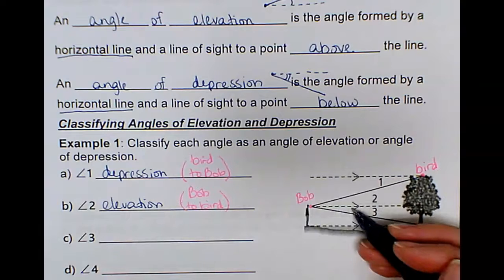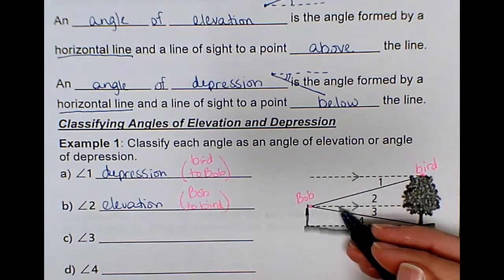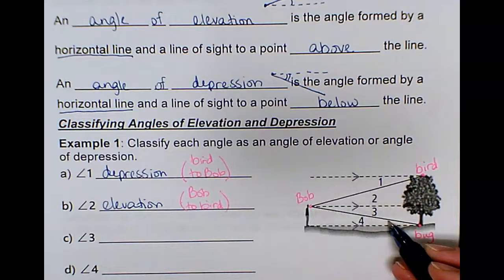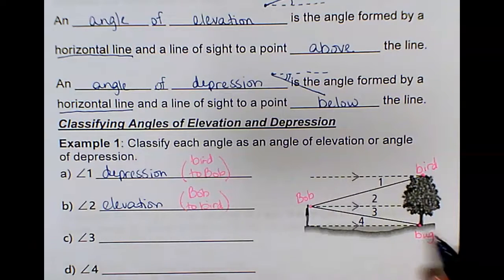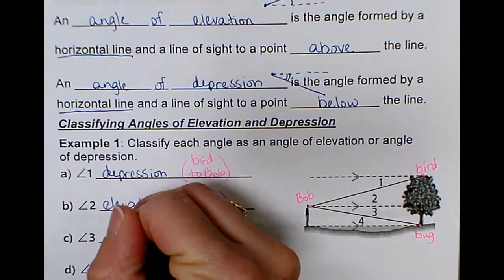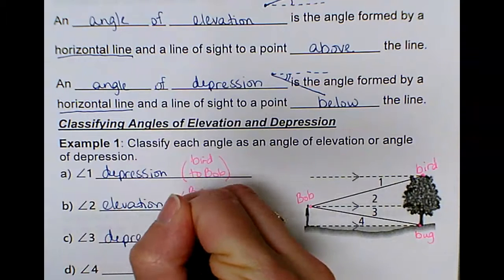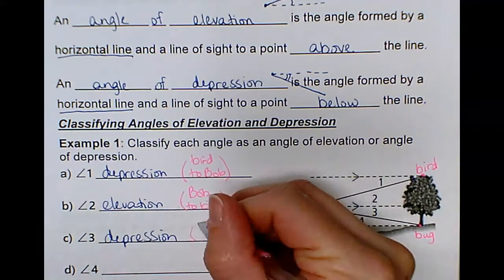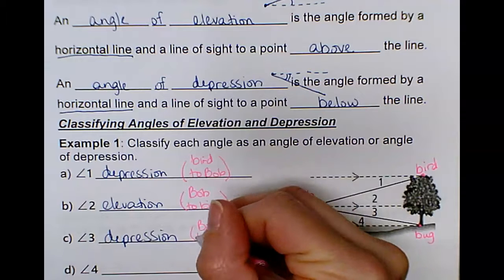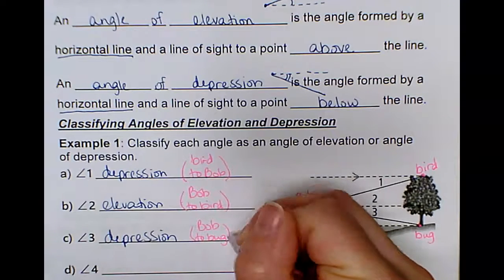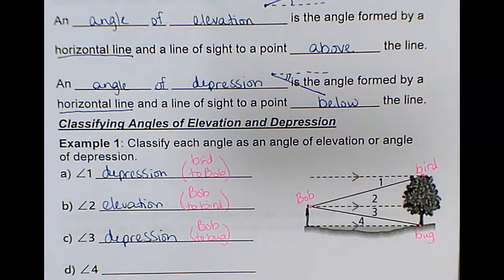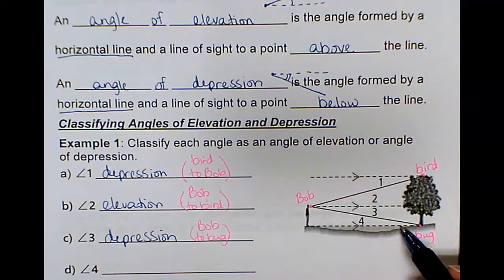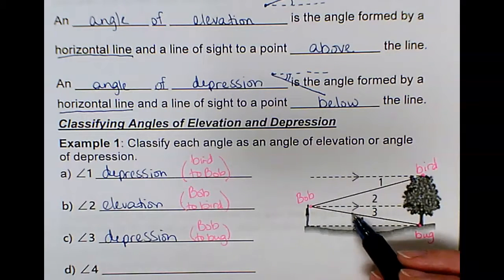Angle 3 is right here, created by this horizontal line of sight, and the line of sight from Bob all the way down to this bug. So this is an angle of depression, from Bob at the vertex to bug. And then finally, we have angle 4, created with this horizontal line of sight and this line of sight up here.